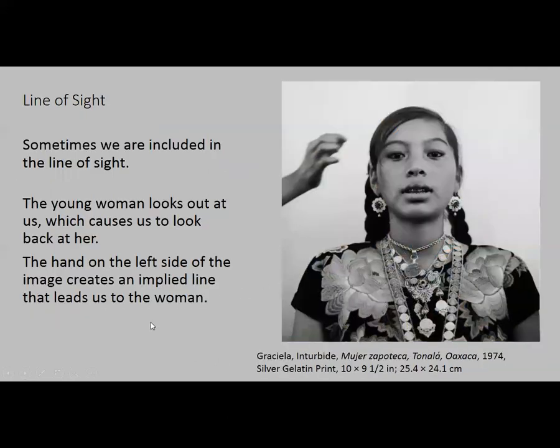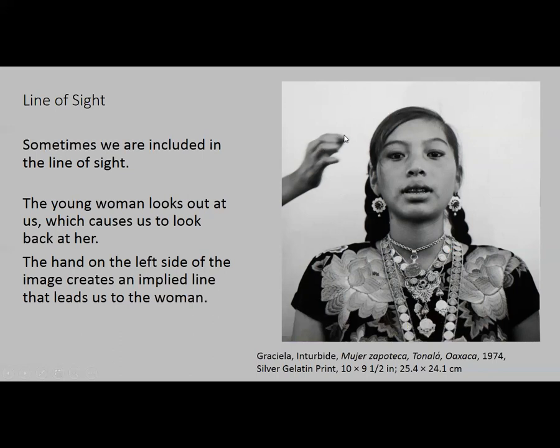So here's this Graciela Iturbide photograph of this young girl. And in this case, we are included in the line of sight because she's looking at us, which causes us to look at her. There's also an implied line in this.